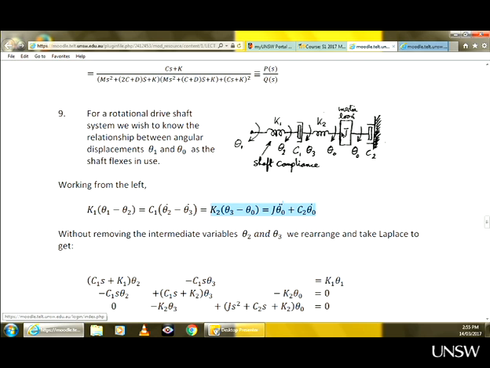Take again this big disk as a free body, and then you have one torque acting in one direction, the other one opposing the motion. So the torque due to the spring creating the motion, the torque in the viscous damper opposing the motion. The difference between the two will be the inertia term.